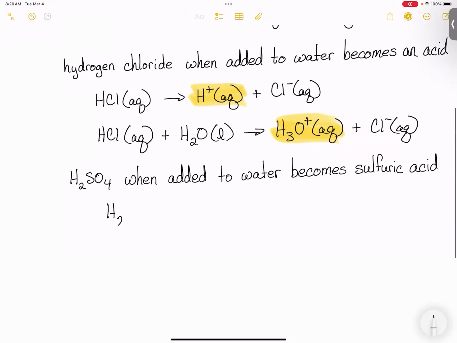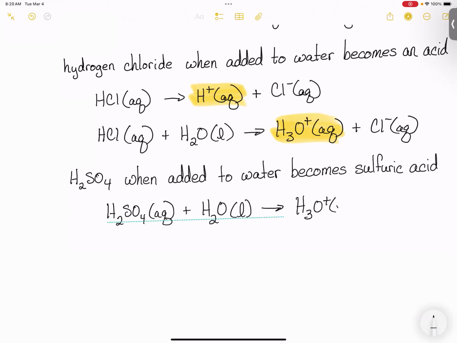So H2SO4, when we add it to water, is now sulfuric acid. It is going to dissociate in water to form a hydronium ion and a hydrogen sulfate ion.